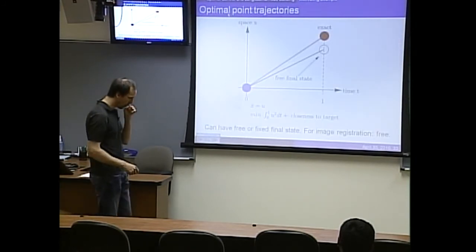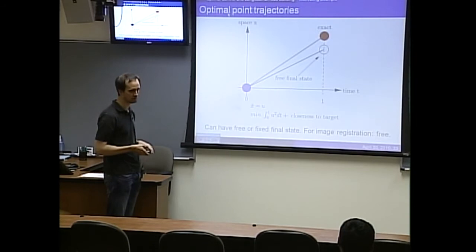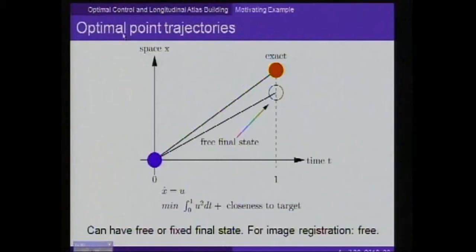Now, the problem can be formulated in different ways. You could, for example, say, I want to exactly match my target point. If you do this for this simple setup, you just get a straight line. You could also say, I want to minimize some sort of control effort, let's say the square of this input integrated over time, and I want to get close to the final state.